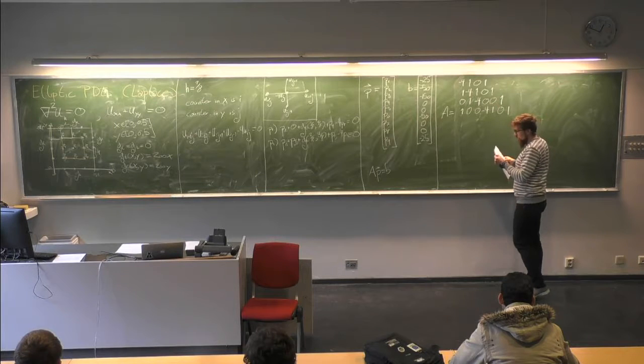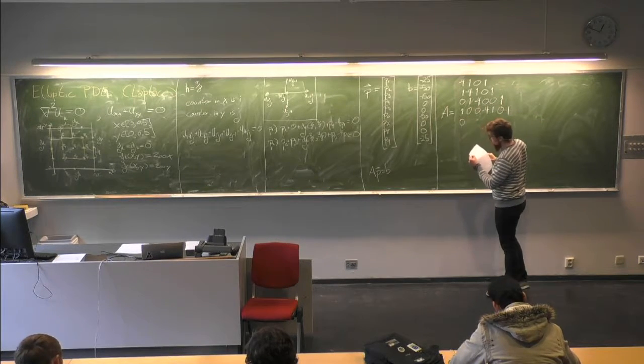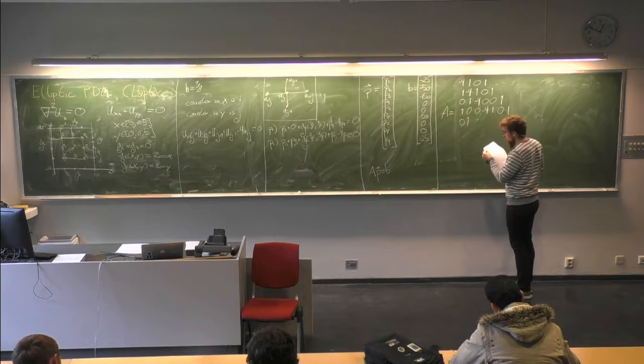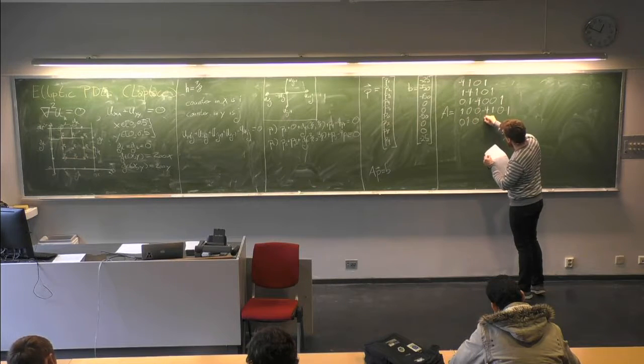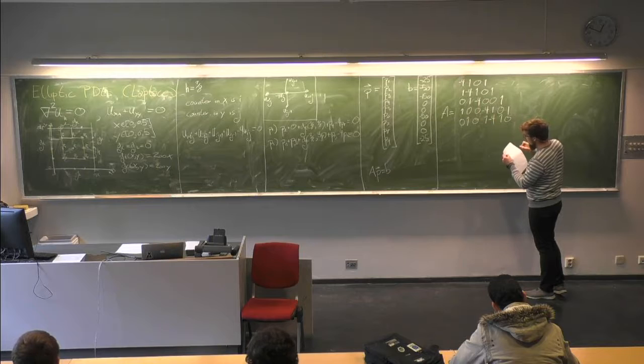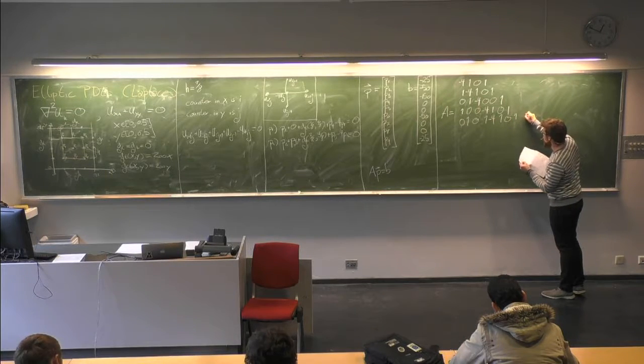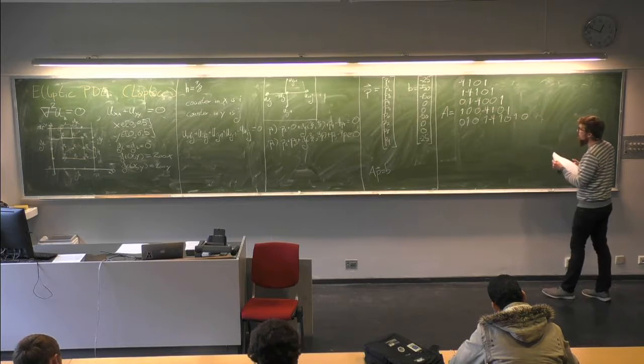Okay, and then for P5, we see that we have 0 P1s, 1 P2, 0 P3s, 1 P4, minus 4 P5, 1 P6, 0 P7, 1 P8, 0 P9.